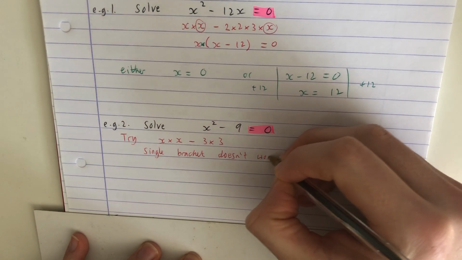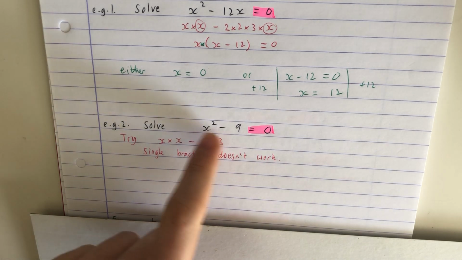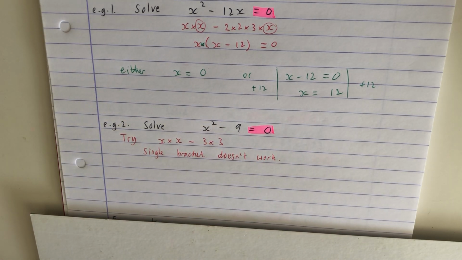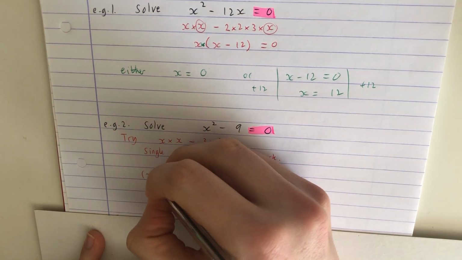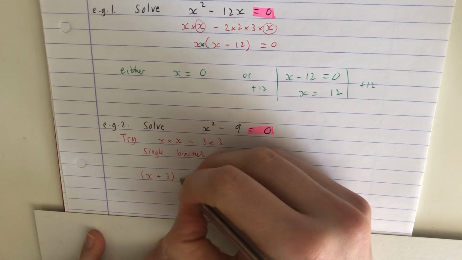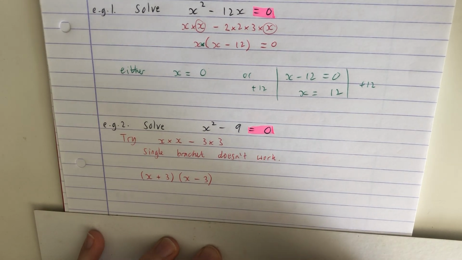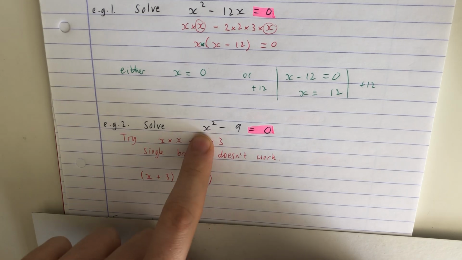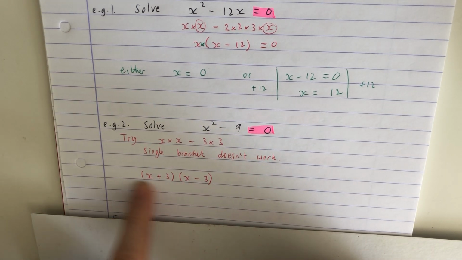So how can you do this? And the thing is, there's an alternative. There is a special case which you need to be aware of. x squared minus 9 factorizes into x plus 3 and x minus 3. It's called the difference of two squares. So x squared, 3 squared, difference of two squares.